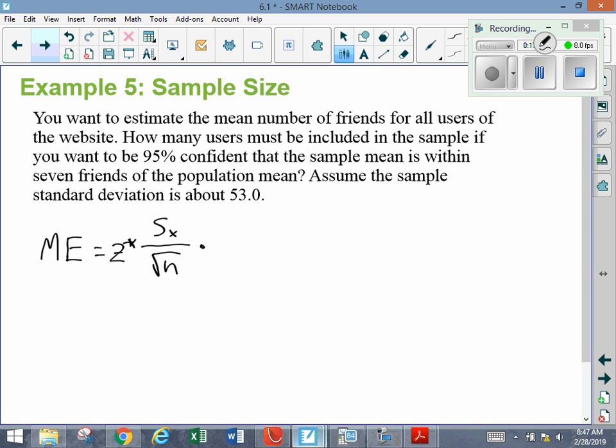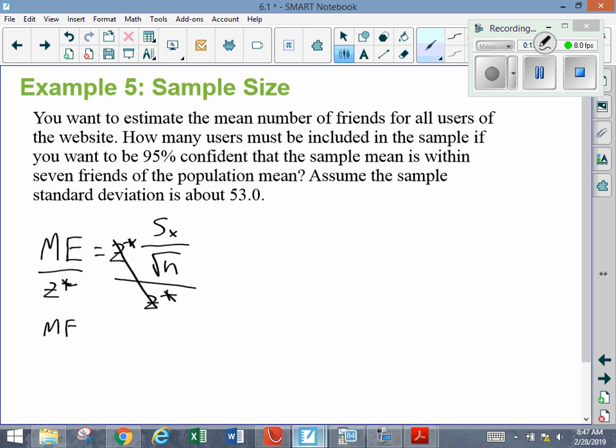So first thing I'll do is multiply both sides. I'm going to divide both sides by z star. That's going to make those cancel.